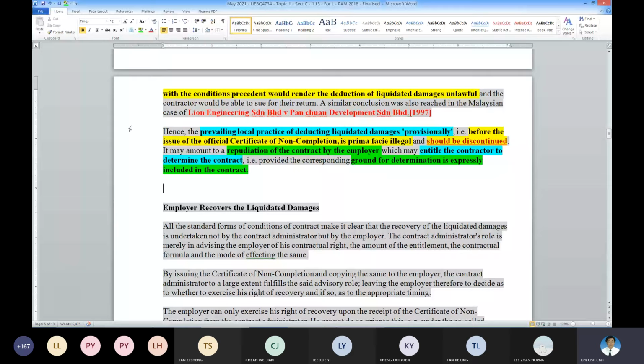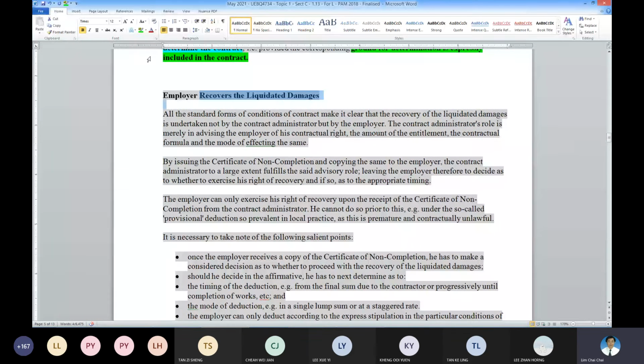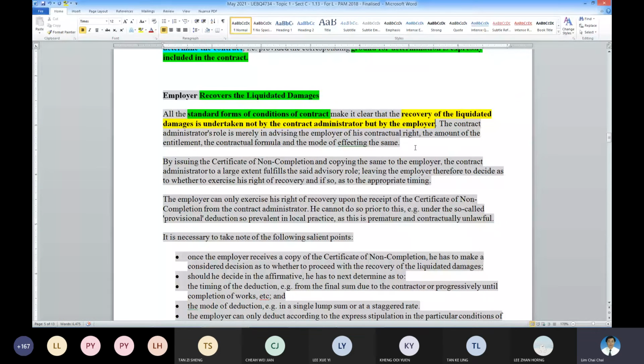So once it is done correctly, how does the employer take the money back? In all standard forms of conditions of contract, the recovery of liquidated damages must be by the employer. I repeat that countless times. The contract administrator is a facilitator to carry out all the paperwork correctly. It is only the employer; no other people can take the money back from the contractor.